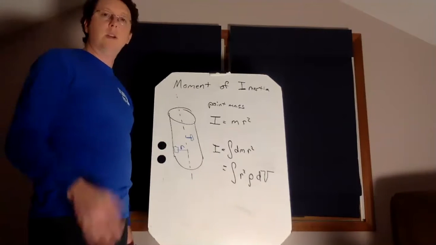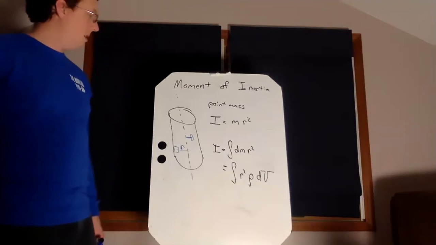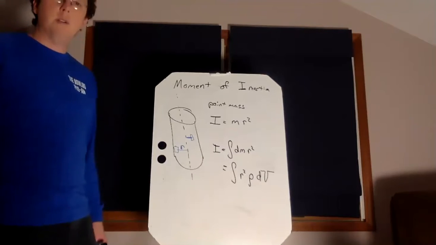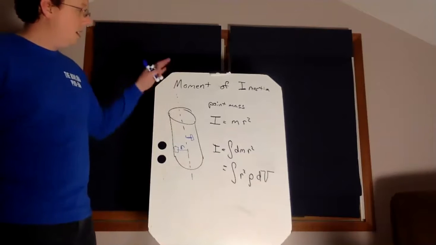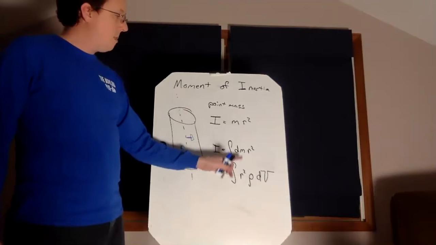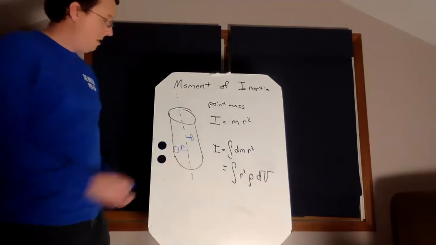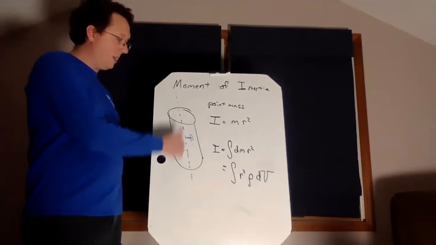So I'm going to switch screens here and give you kind of a web page that has a list of the common ones that you might need for doing homework. But it really is calculating kind of the average of the perpendicular distances, where it's the distance perpendicular to the axis of rotation.